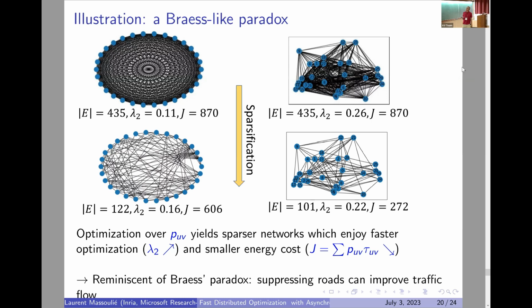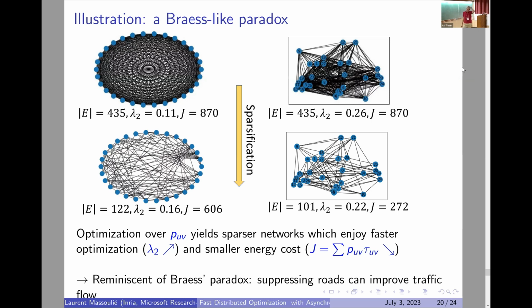If you run this optimization, typically you get sparser networks. Here you get a faster convergence rate and a smaller energy expenditure. So we have a nice scenario where sparsifying a network makes it better in all respects.